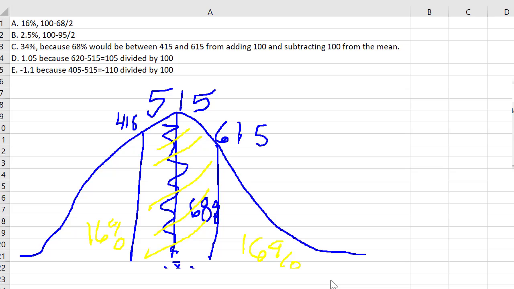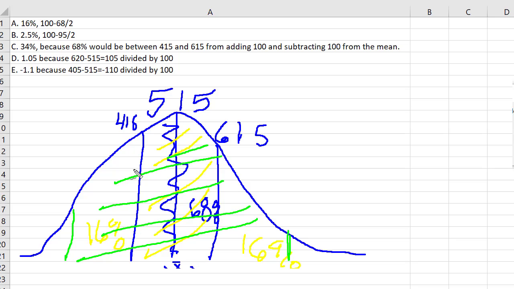What percentage of the students have an SAT math score greater than 715? Well, 715 is another standard deviation out since it's 100. So let me change the color here, and we'll go with green. So another portion out. So now all of this, according to the empirical rule, is 95%. Okay?